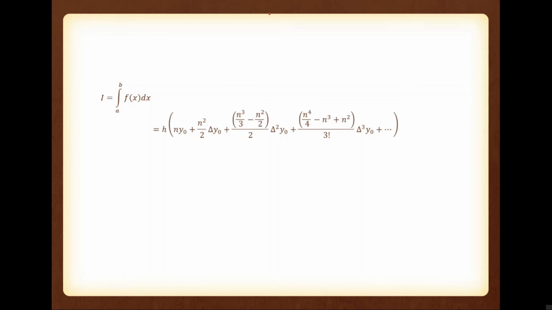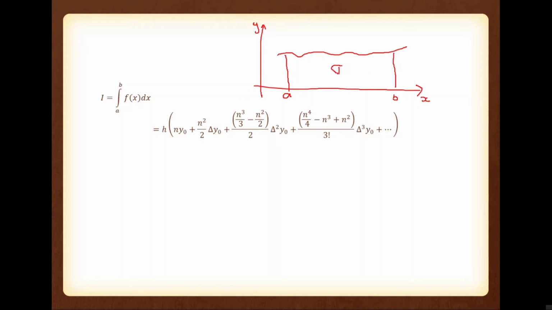Say this is the function, this is x and this is y. This is the starting point a and this is the last point b, and we are not going to divide this region, which means we have only one segment.